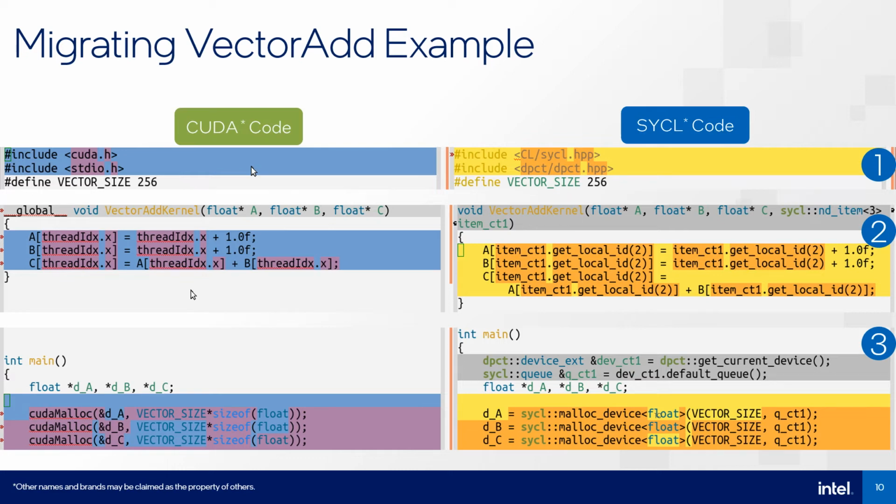For code block 3, it's about memory allocation migration. In CUDA code, it uses the cudaMalloc runtime API to allocate device memory. The cudaMalloc API only requires a pointer and a size. Note here, the CUDA runtime will do some initialization work implicitly, like selecting the CUDA device, setting up the device context, and so on.